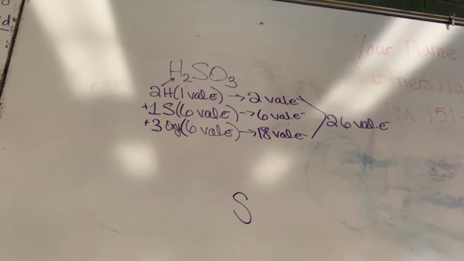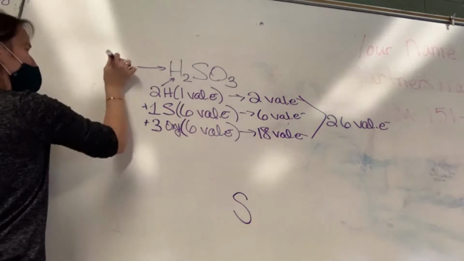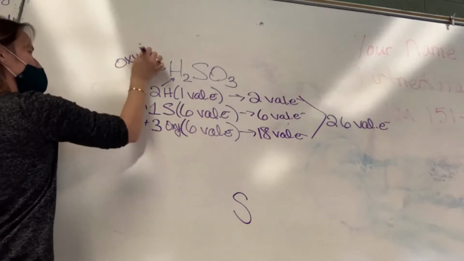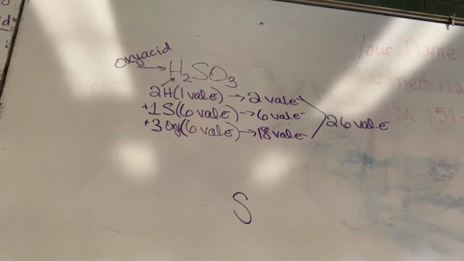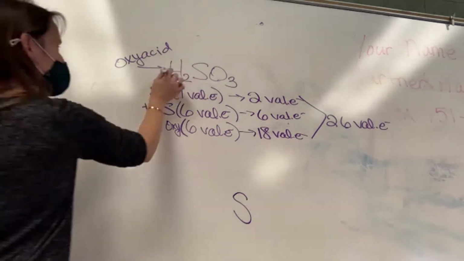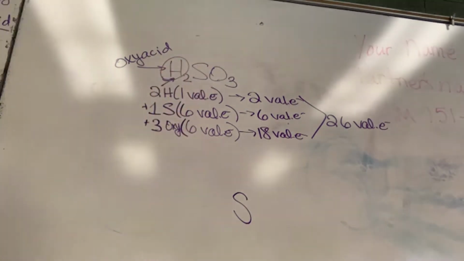Then the last bullet is for oxyacids. As an acid with the element oxygen, this is an oxyacid. If it's not an oxyacid, this doesn't go with it, but this is an oxyacid. The acidic hydrogens are bonded to what?